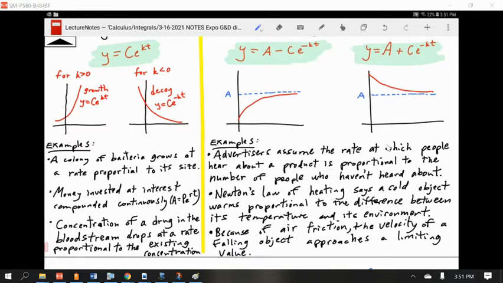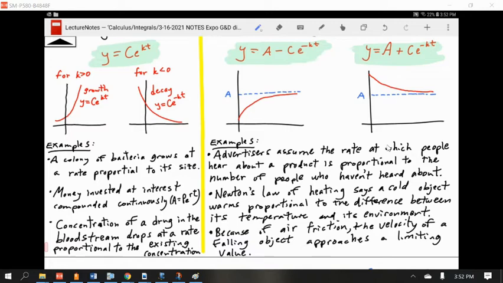The concentration of Tylenol in your blood, right? Or Motrin, or the caffeine that's in coffee, the caffeine that's in a Mountain Dew, right? Over time, the amount of that caffeine in your bloodstream decays at a rate proportional to the existing concentration. Okay. Half-life, right?